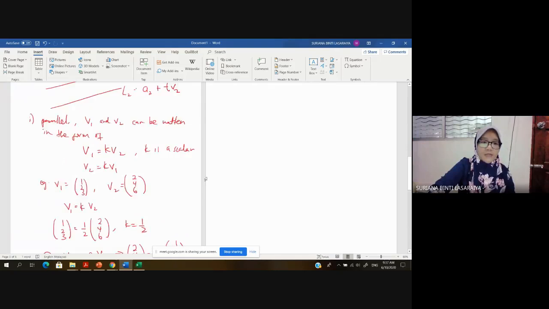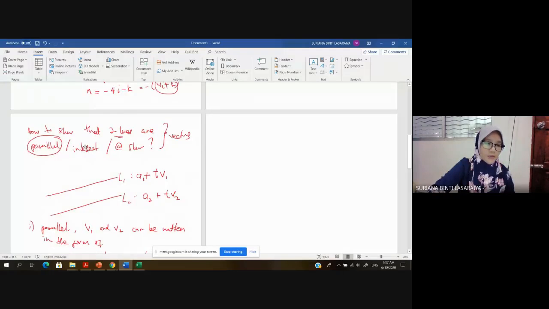Okay, so kalau dia intersect, how to find it is intersect? How to show that the two lines are intersect? Maksudnya, you must solve. Okay, kamu kena solve dia punya equation itu. So, I give you example. Maksudnya kamu mau show adakah line itu begini, L1, L2, there is point of intersection here.